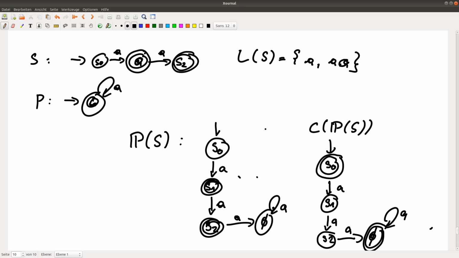Yeah, so the complement automaton accepts all words except A and AA. Yeah, this looks good.